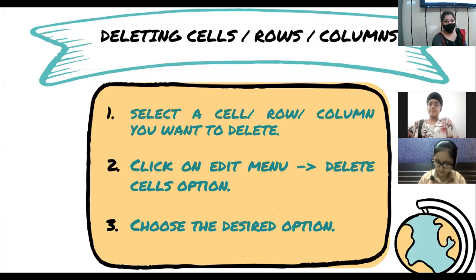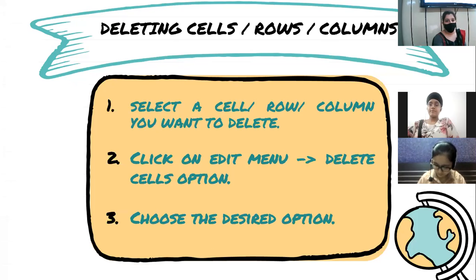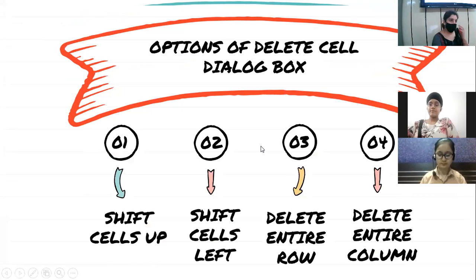Okay. The next is when you want to delete a cell, you follow the command edit menu delete cell option. So what will open? A delete cell dialog box will open, and it will have 4 options, that is shift cell up, shift cell left.